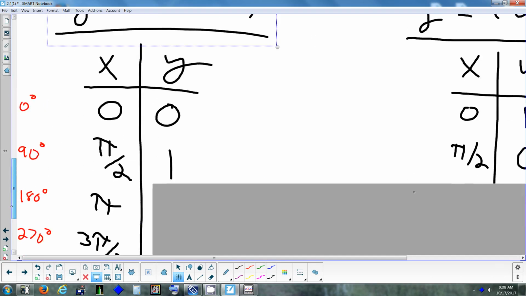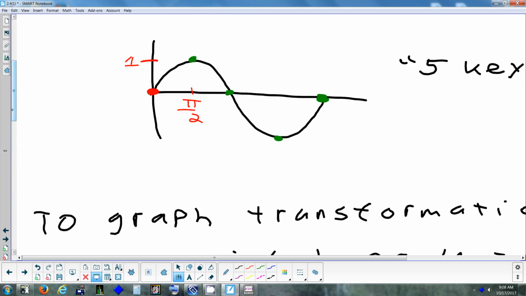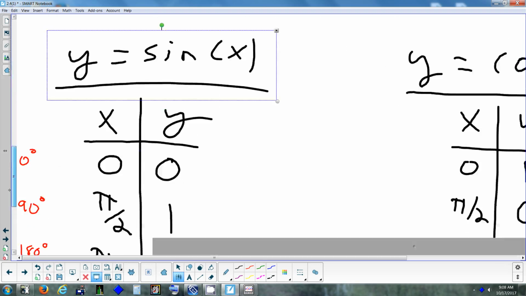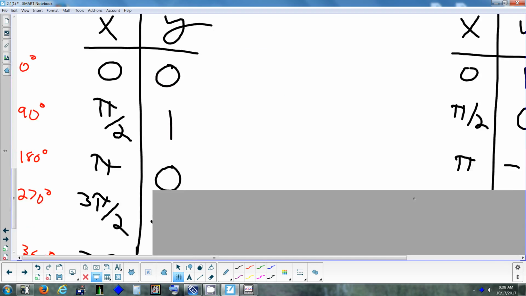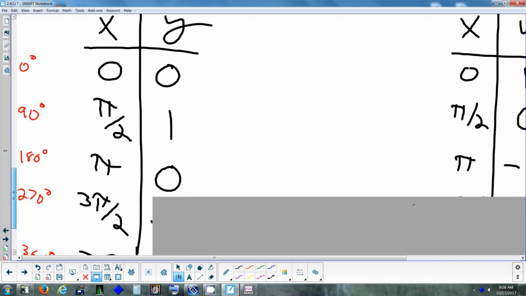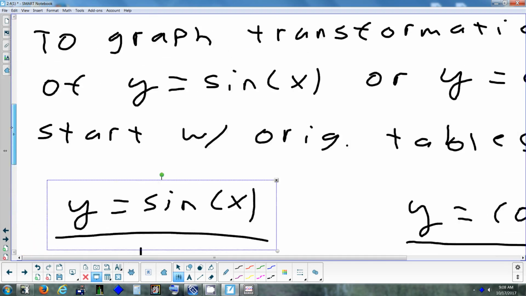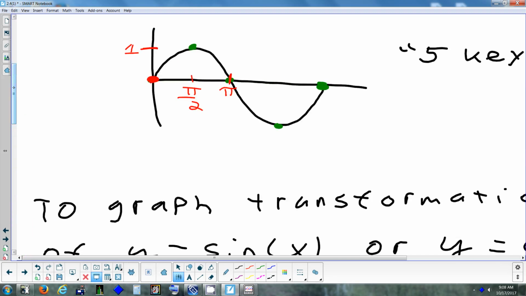Okay, the next one is pi. Pi is right there. What do you think would be the y value if I plugged in pi? Yeah, I would get 0. Very good. 3 pi over 2. Okay, I'm going to scroll back up. 3 pi over 2 would be right here.